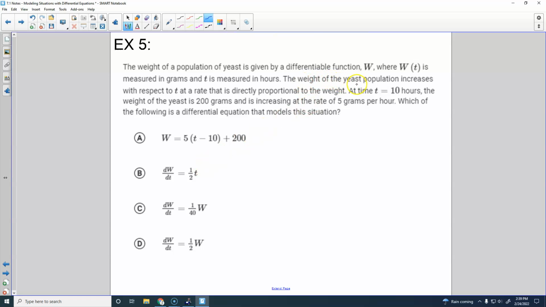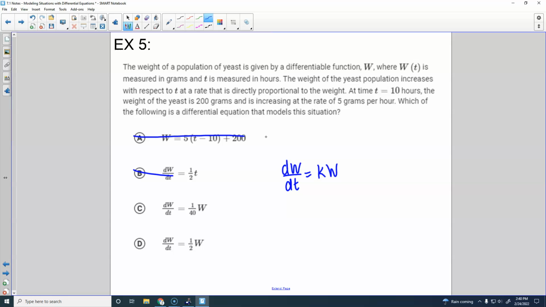So weight, first one wasn't. The weight of the yeast population increases with respect to T at a rate, so that's your dW dt. It is directly proportional, there's your K, to the weight. So that's W. So that rules out B. A we already mark out because it's not a differential equation.